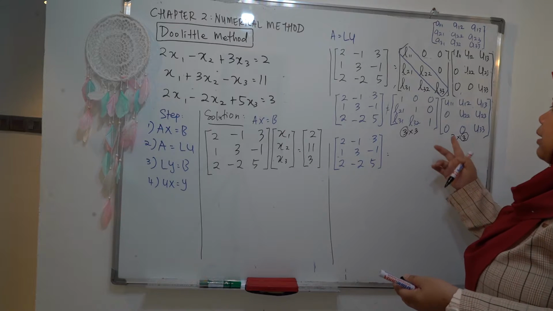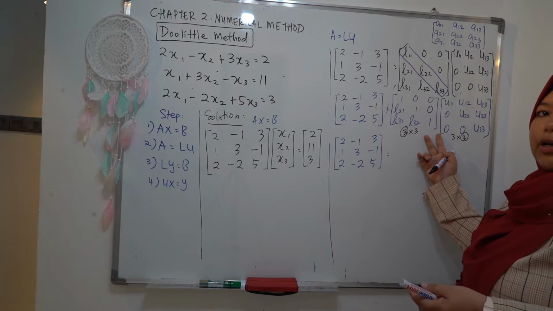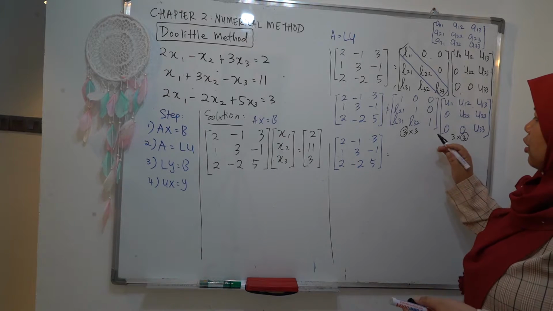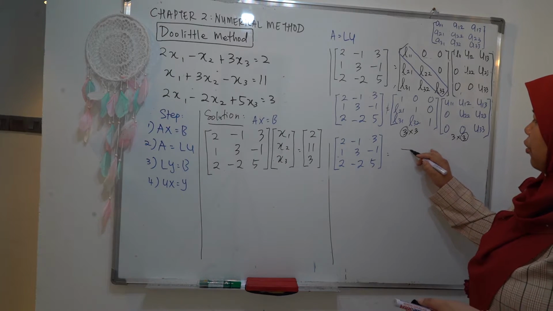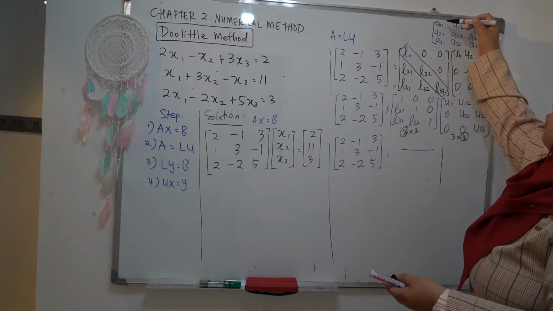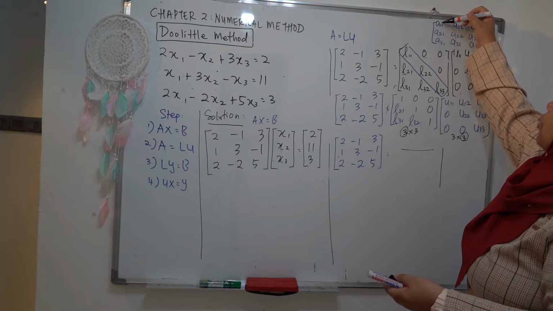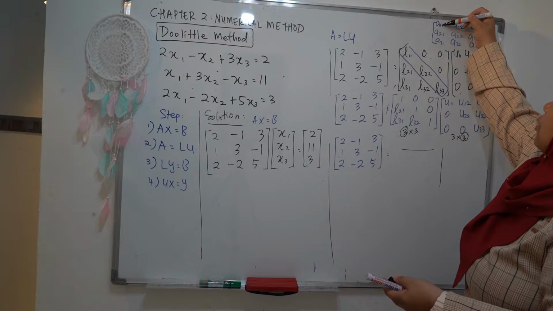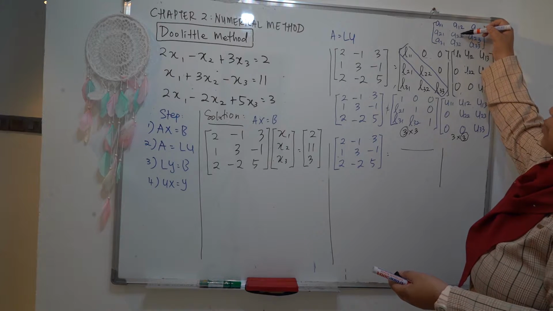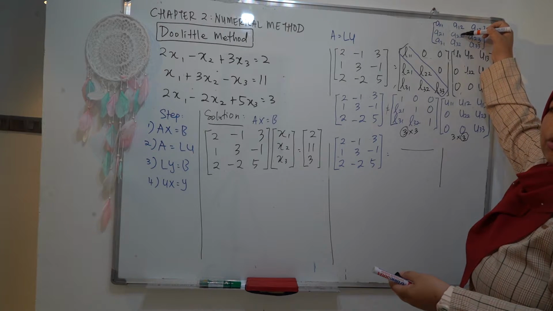Okay, we want to multiply these two matrices. To multiply these two matrices, we will do row times column. So for A11, it means row 1 will times column 1. A22, row 2 will times column 2.